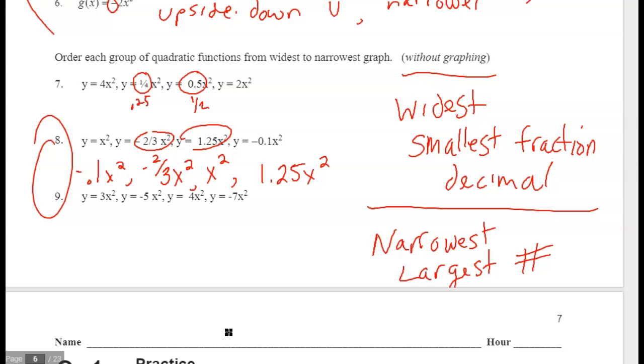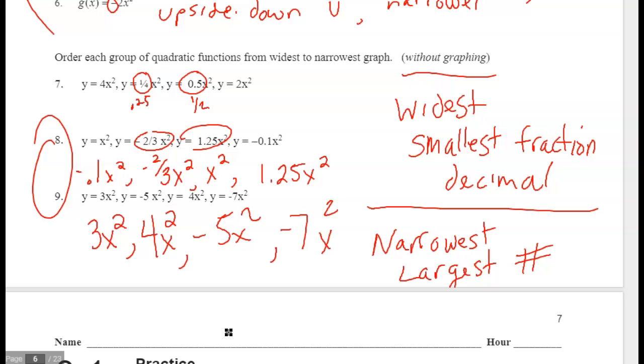So here, it doesn't matter on number 9 whether or not they're negative or positive. So my widest one would be my smallest number, so that would be 3x squared, and then 4x squared, and then negative 5x squared, and then last, my biggest number is the narrowest, the negative 7x squared.